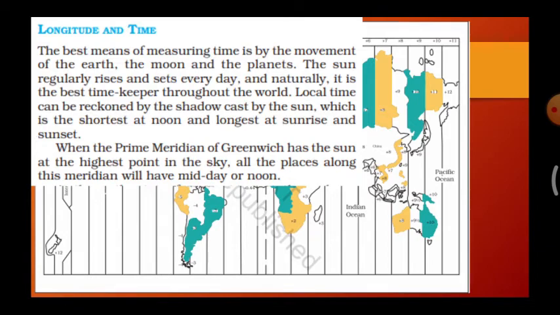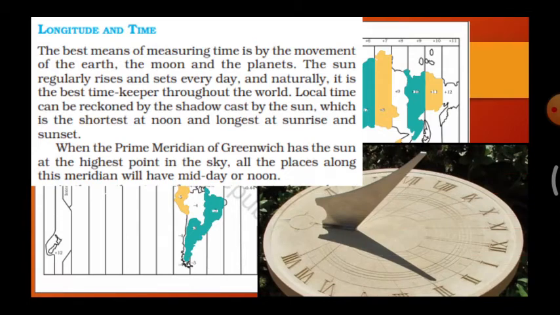So children, now we have a watch or a clock to measure the time. In the earlier days, how did they find what the time was? They used the sun to find out the time. See in this picture, children, they will place this in one place.